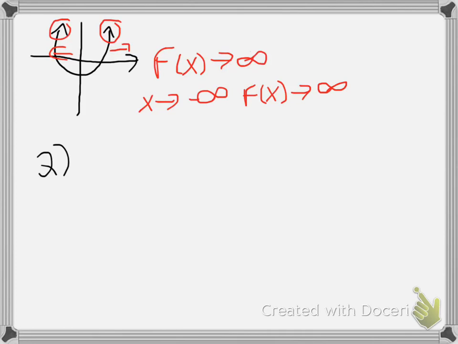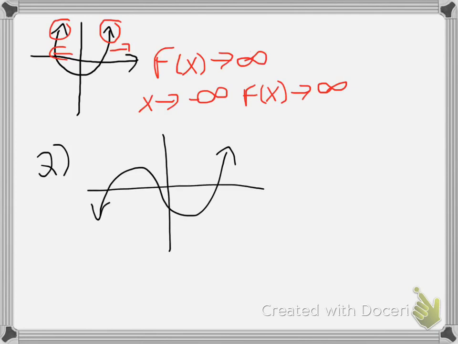You have this wonderful little function. Here's your x and your y. Not exactly the same, but it's close enough. So again, as x approaches infinity, so this is the right-hand side because it's positive, f of x also approaches what?